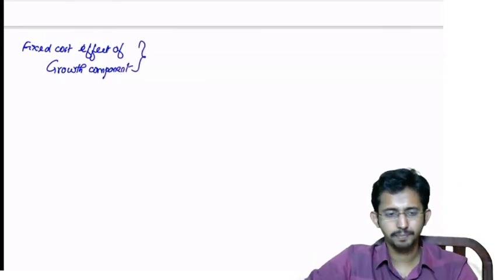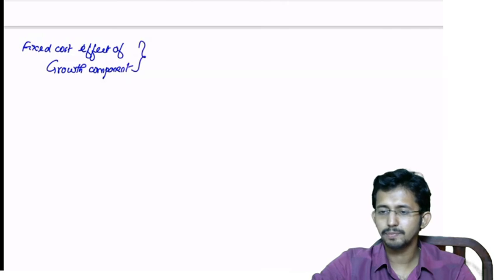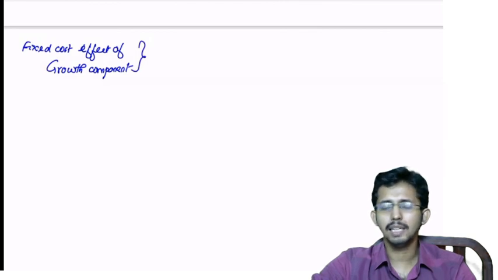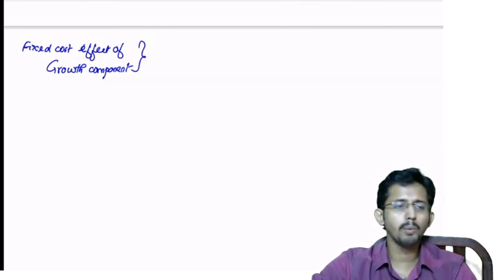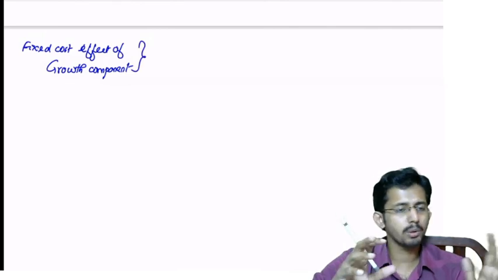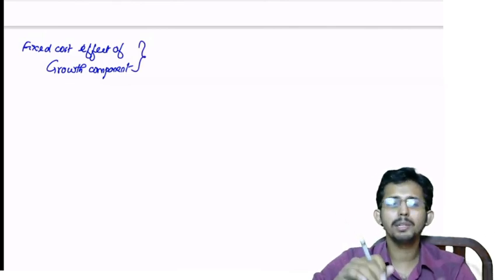Growth component. What is this? This is the fixed cost effect, because the change in the production or change in the volume will affect both fixed cost as well as variable cost. Variable cost we have computed easily. Now coming to fixed cost.